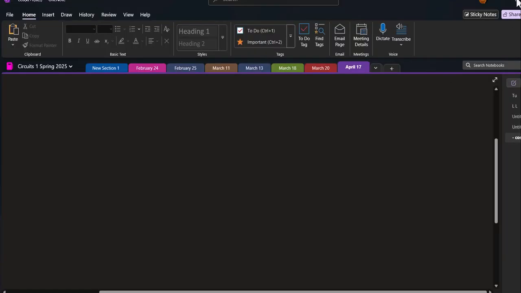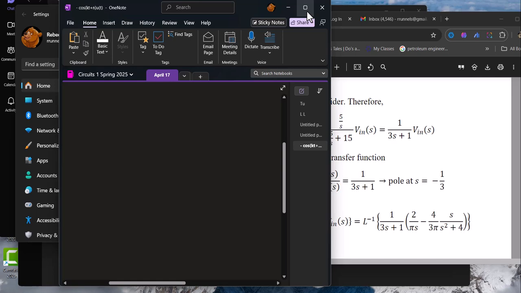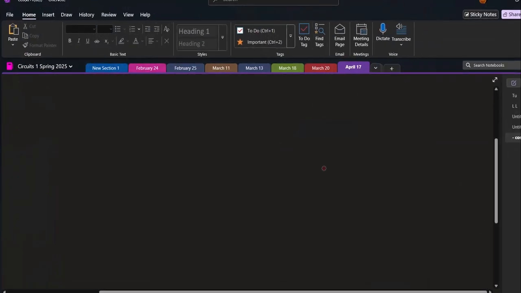It does, but it doesn't help. It's weird. It's a weird thing that has been going on with this computer and with OneNote pretty much since I've had it.